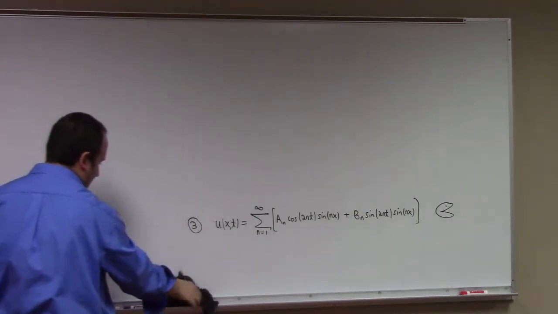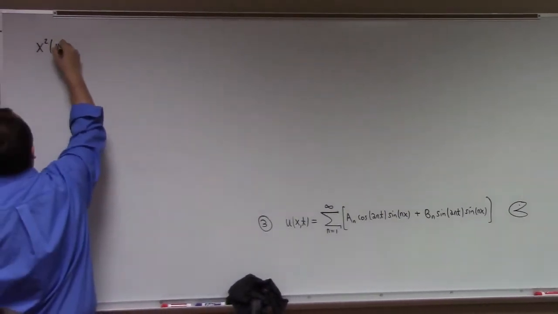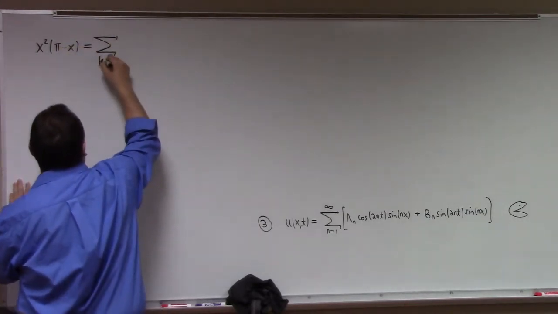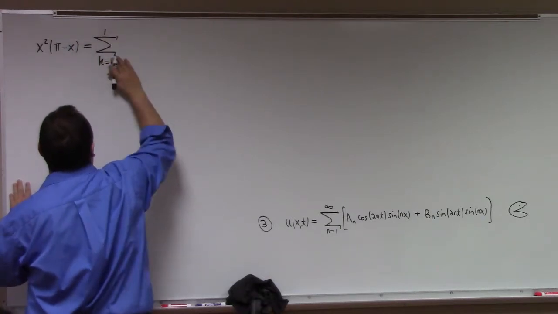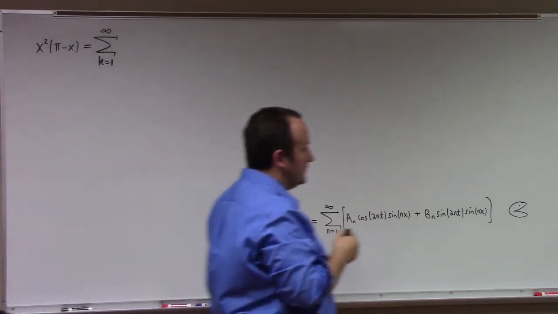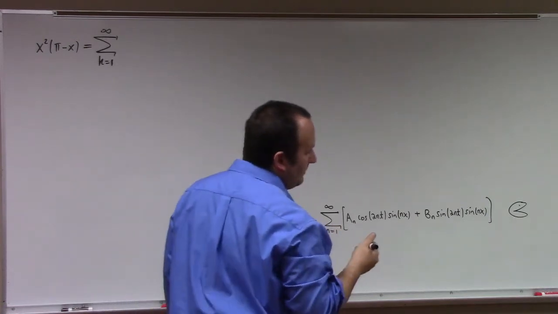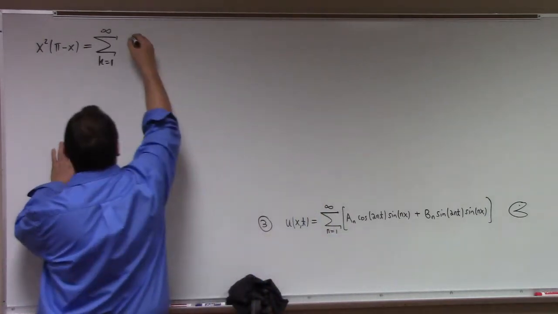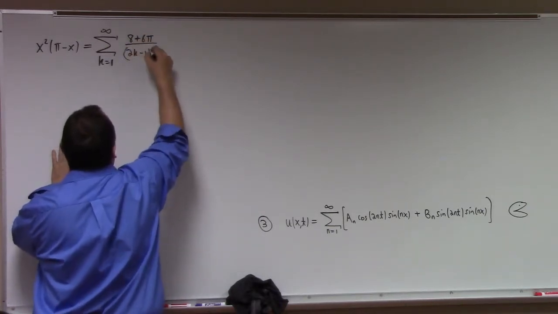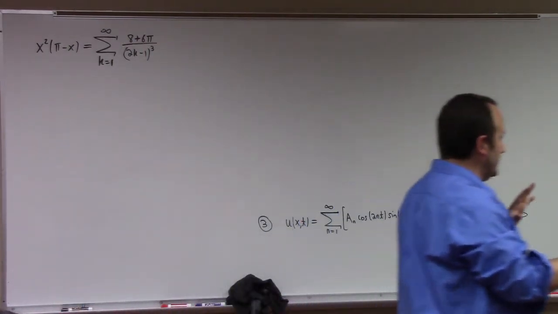All right, so start here. We just figured out that x squared times (pi minus x) can be written as the sum k equals 1 to infinity of (8 plus 6 pi) over (2k minus 1) cubed times... I'm doing the odd terms first.